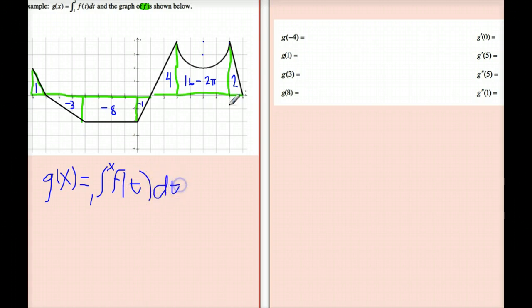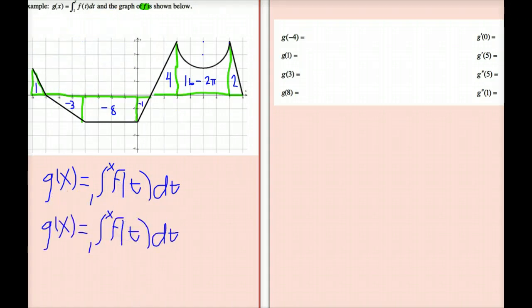So, if I have g of -4, doesn't that mean I can redo this whole thing right here? Everywhere I have an x, I'm going to plug in a -4 instead. So I'm going to erase this x and this x, and plug in our -4. So here's -4 in here, and -4 in here.